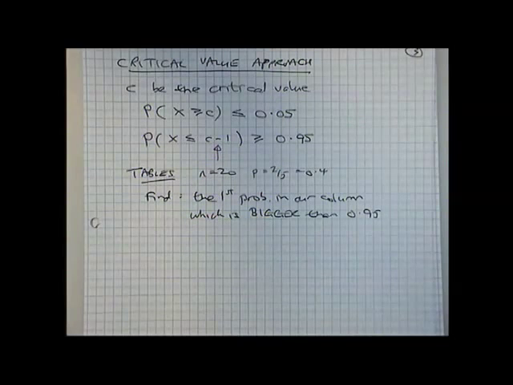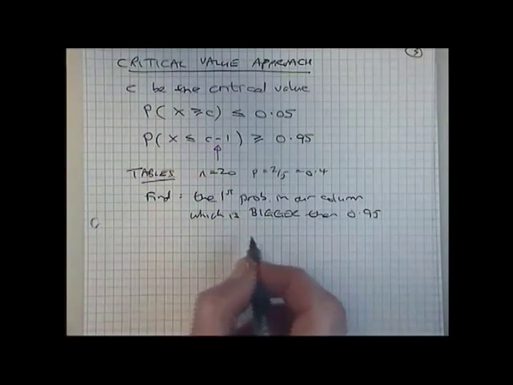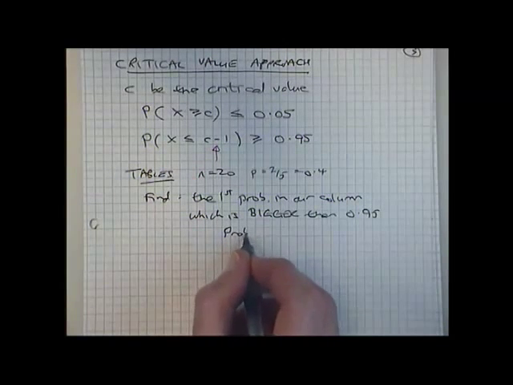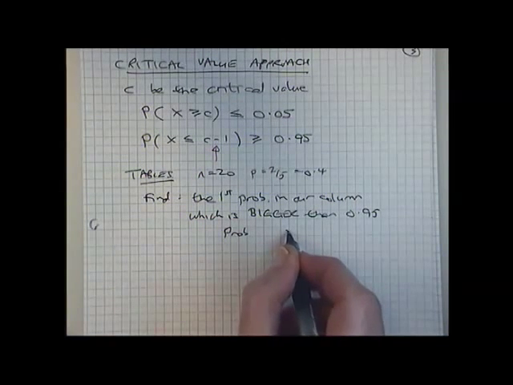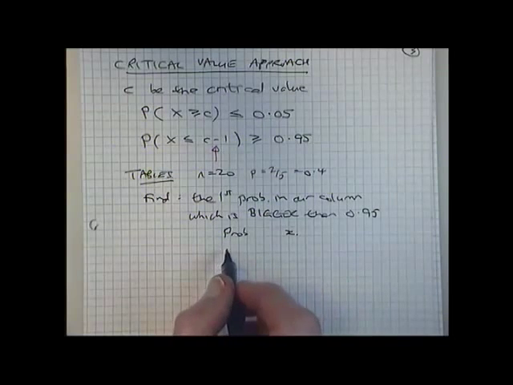So look at your n is 20, p is 0.4, go down that column, find the first number that is bigger than 0.95. What is that probability, and what is the x value that goes with it?